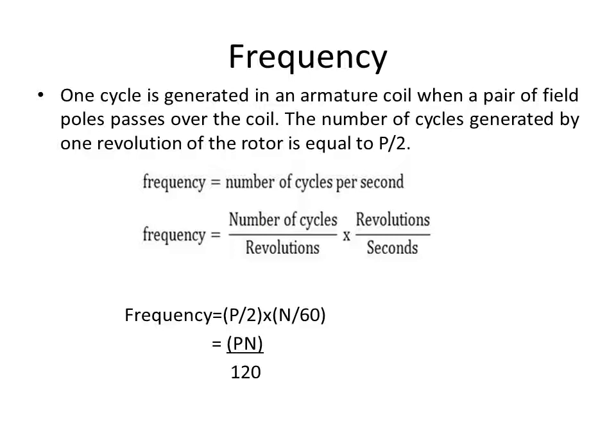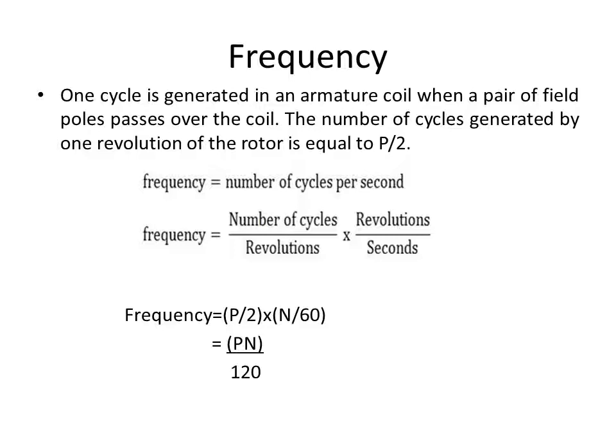Here, one cycle is generated in an armature coil when a pair of field poles passes over the coil. So the number of cycles generated by one revolution of the rotor is equal to P by 2. For example, if there are two poles then only one cycle is generated.